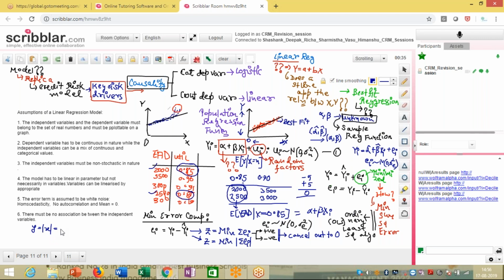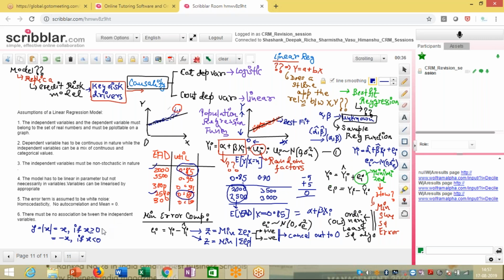This is equal to x if x is greater than or equal to 0, and equal to minus x if x is less than 0, right?